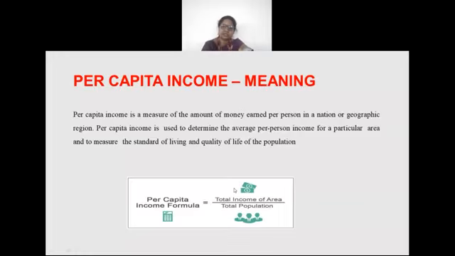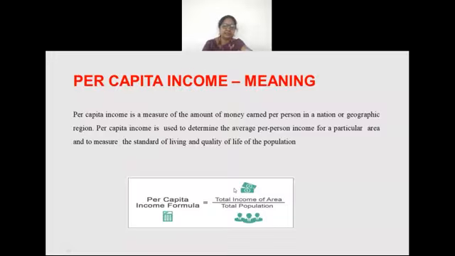The same thing, when we are going for the nation, what is the total income of the nation? That is total income divided by the total population.